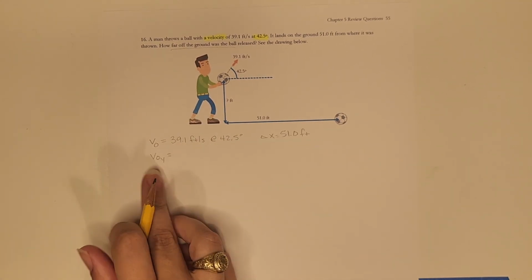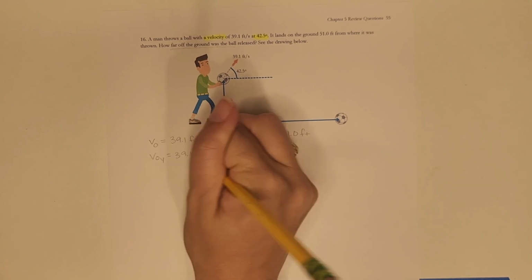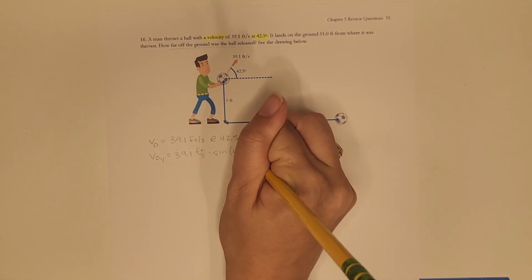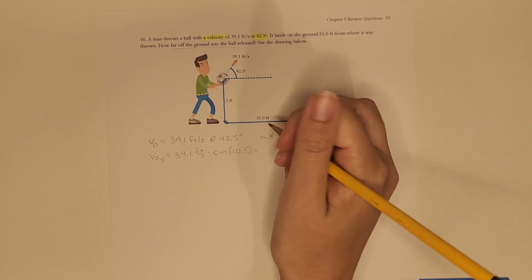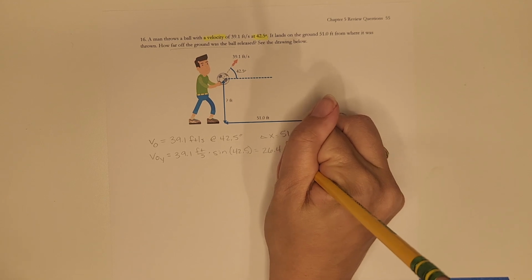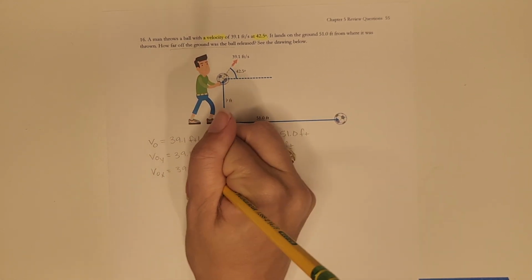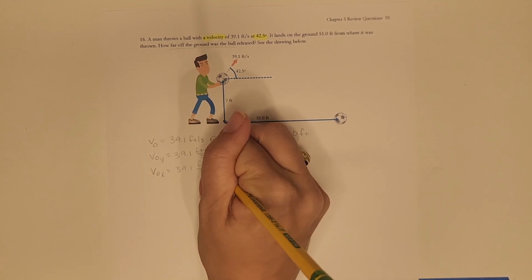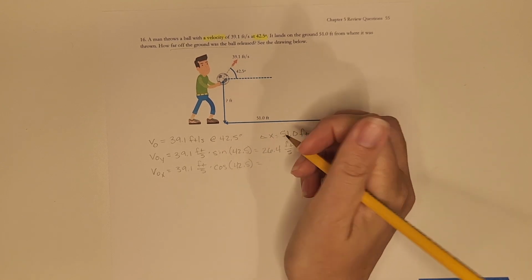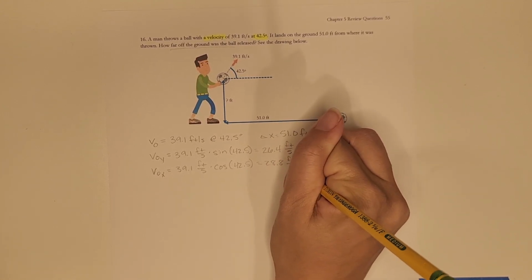My y component of my initial velocity is 39.1 feet per second times sine of 42.5, which gives 26.4 feet per second. My x component is 39.1 feet per second times cosine of 42.5, and for that I get 28.8 feet per second.